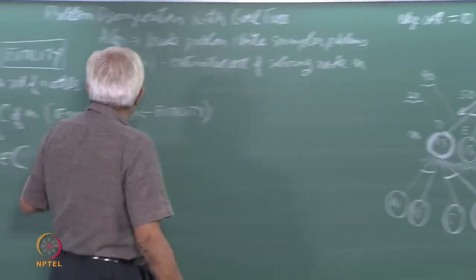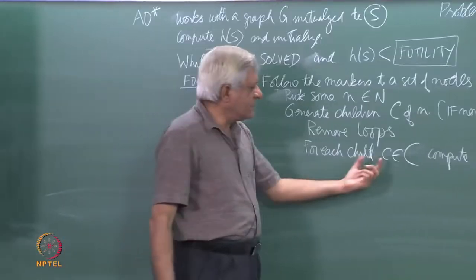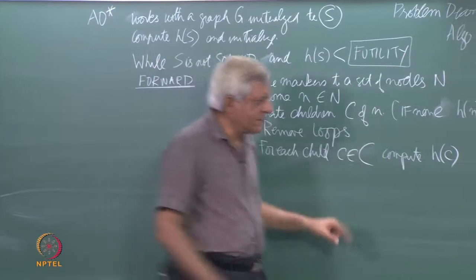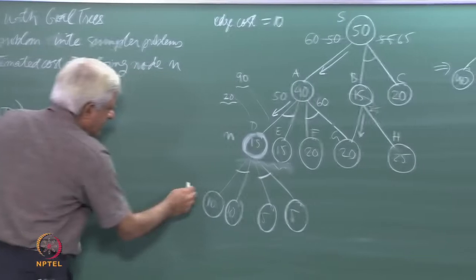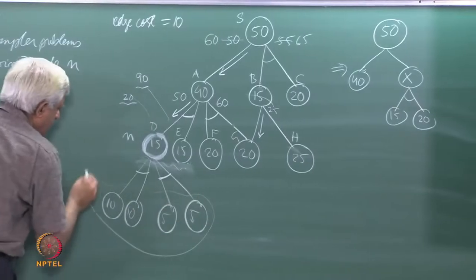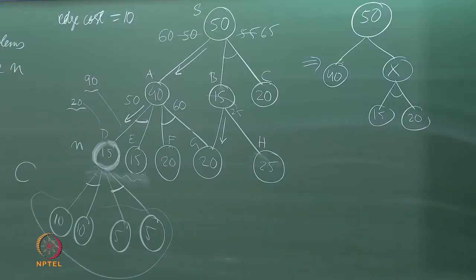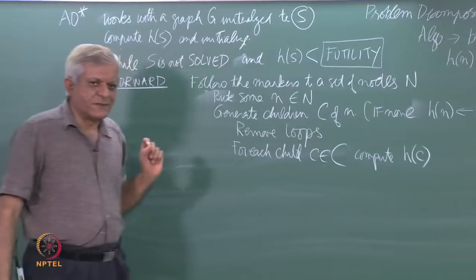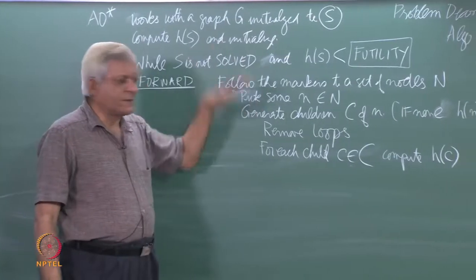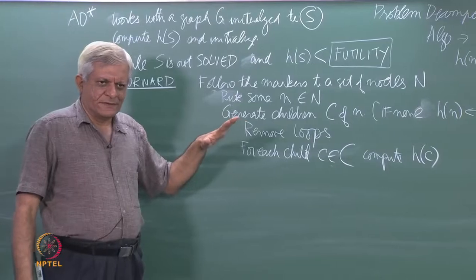So, what I am saying is that for each child C belonging to this set of children C, compute the H values. So, this completes a forward phase essentially.